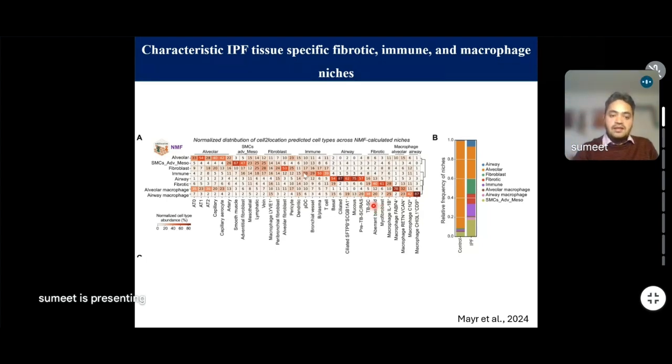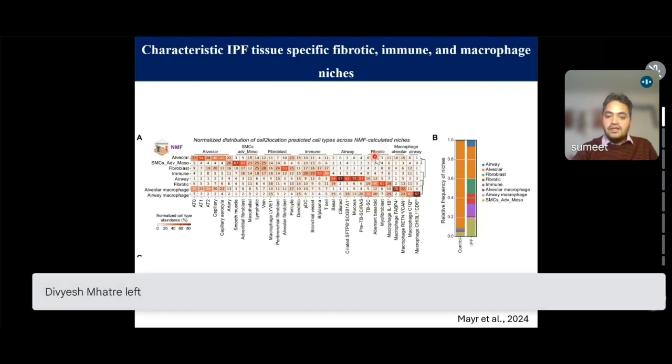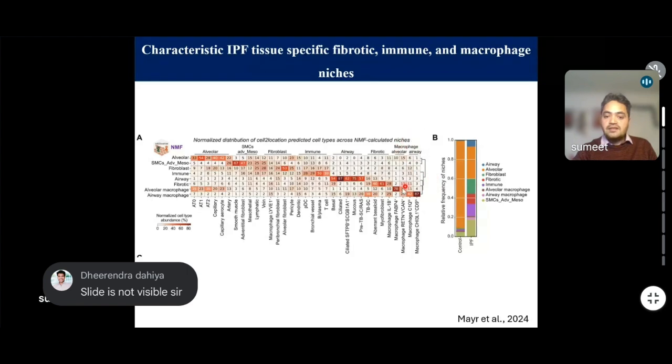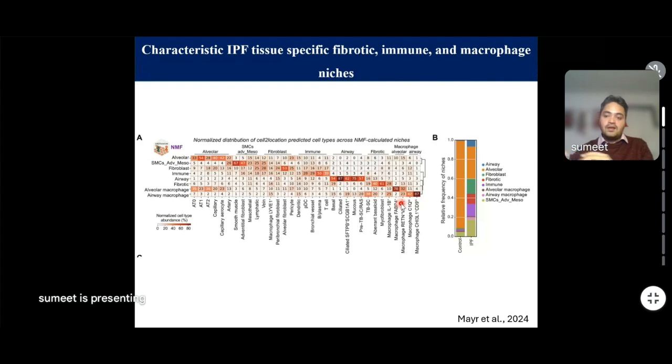For example, this is the alveolar niche, and the alveolar niche is characterized by alveolar type 2 epithelial cells or capillary pericytes. Similarly, the fibrotic niche is characterized by the myofibroblast population, which I've just shown you. The macrophage niche is colonized by different types of macrophages.